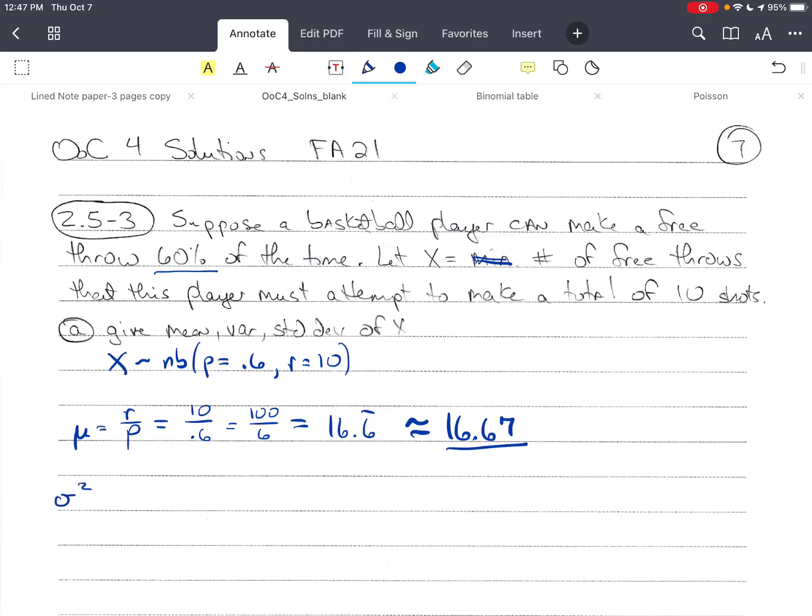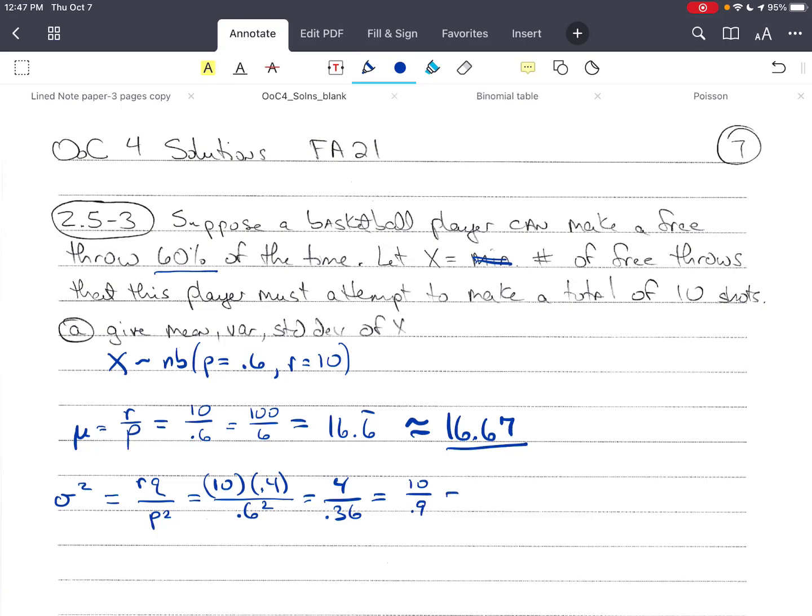And then sigma squared is going to equal r q over p squared. So r is 10, q is going to be 0.4, and 0.6 squared. So we have 4 over 0.36, which is also, let's see, 10 over 0.9, that's right.